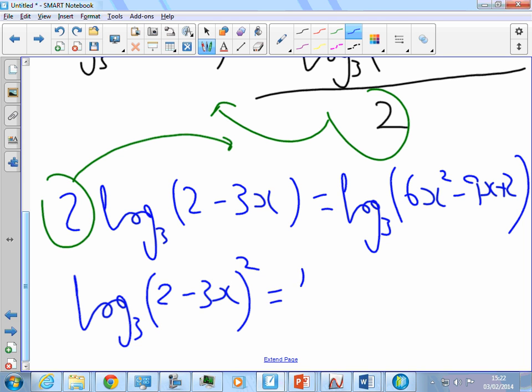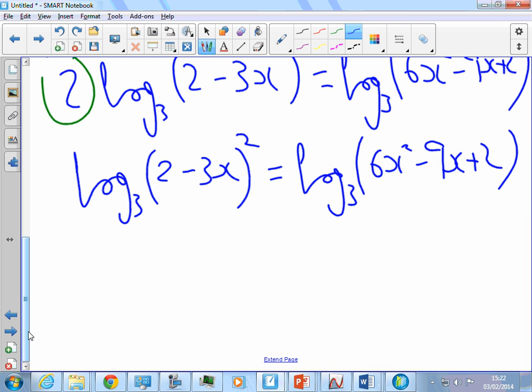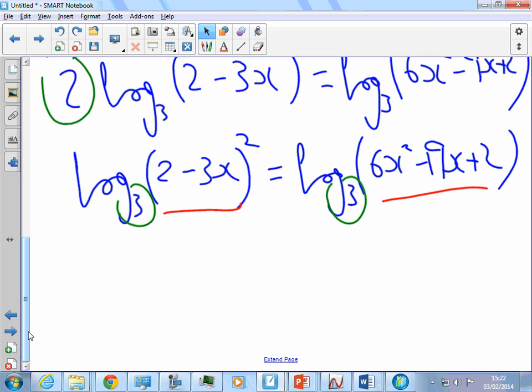That has to equal log base 3 of 6x squared minus 19x plus 2. Now, I've got log with the same base on both sides. That means that this has to equal this. So now I can solve, and this is 19x. It's a deliberate error.